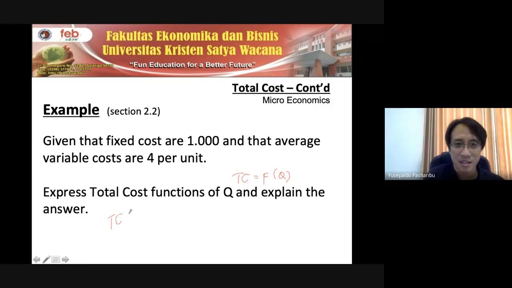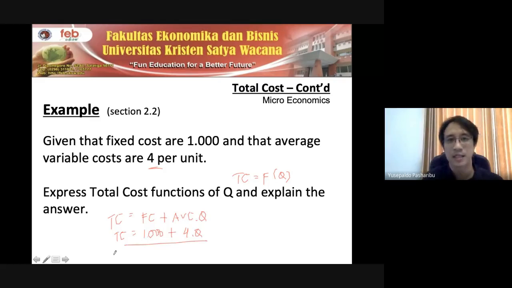Total cost is derived from fixed cost plus average variable cost times Q. So the total cost equals 1,000 plus average variable cost 4 times Q. So this is the total cost function, that is it.